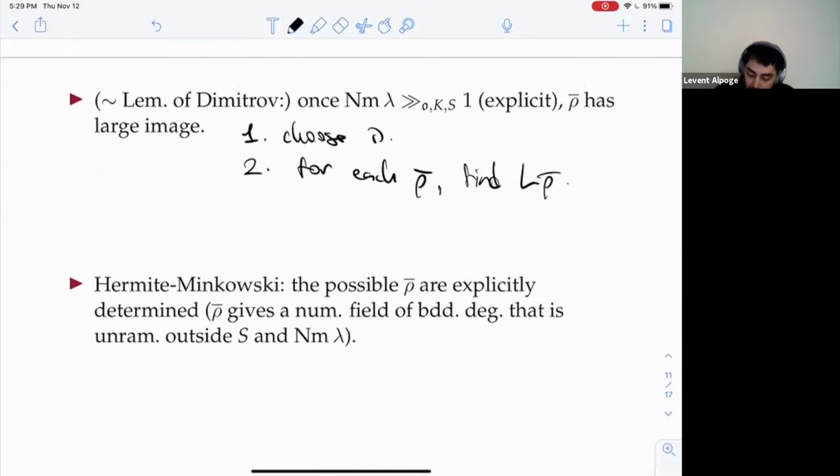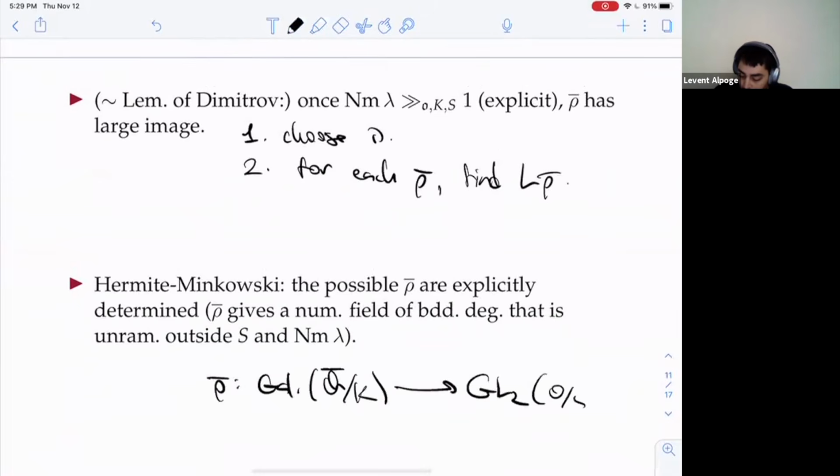The possible residual representations, let me write exactly what they are: Galois group of Q bar over K mapping to GL2 of O mod lambda. I chose lambda, remember? So this has bounded cardinality. There's a formula for the cardinality of this.